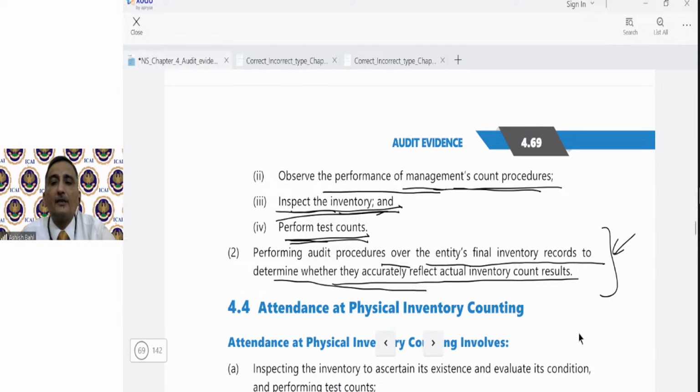So clear, students? Yes, Priyanka, you are asking about the auditor's right to visit the premises. The auditor can visit. There are no restrictions as such.